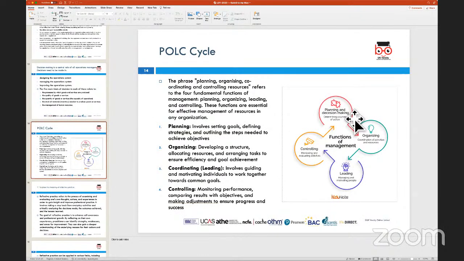Now, one of the things operations managers employ is the planning, organizing, coordinating or leading, and controlling cycle. This is a fundamental aspect of how management runs any process or function within the organization. Management would look at planning.